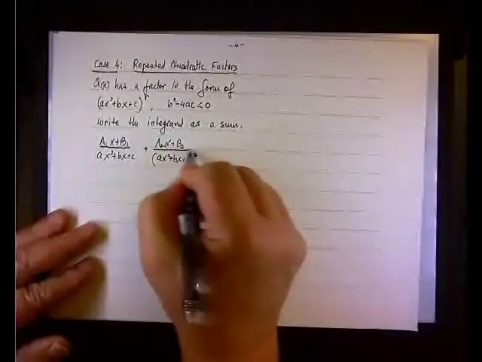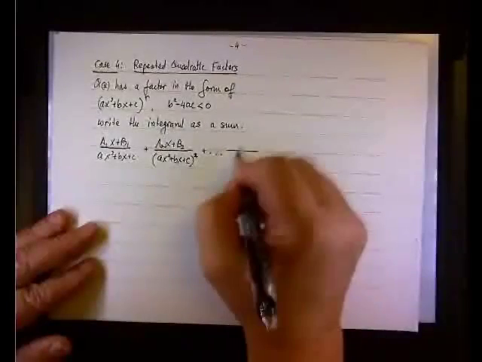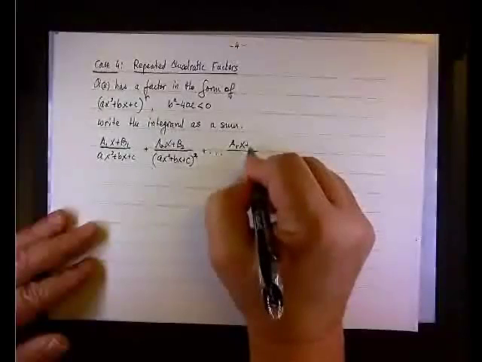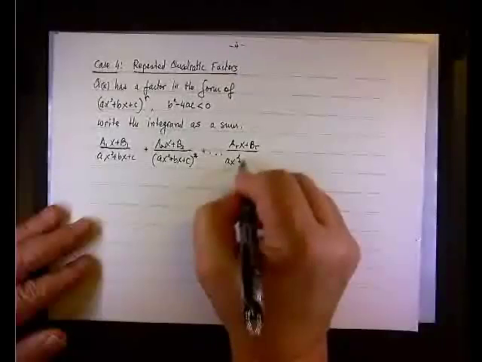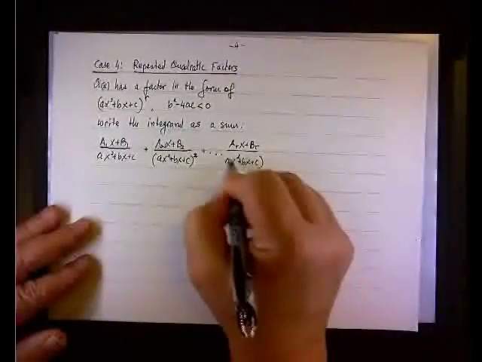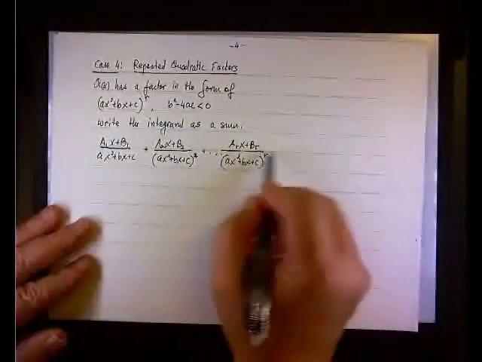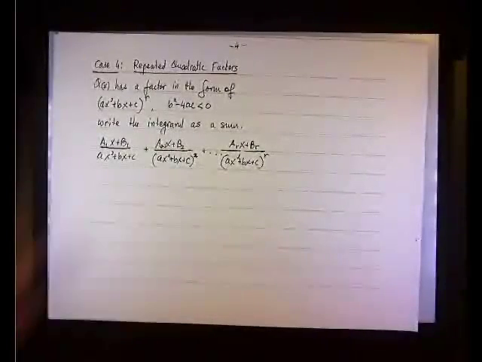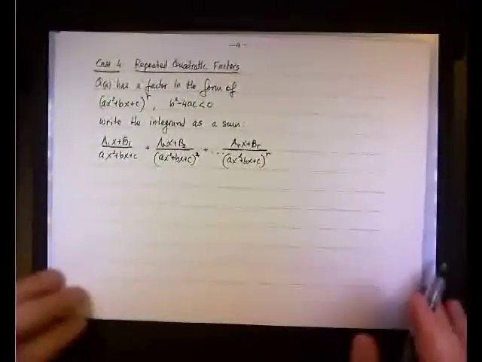And then we keep writing coefficients like this until we reach the last one, which is the r term, with the factor (ax squared plus bx plus c) raised to the rth power, r being the highest power of this particular quadratic factor. Okay? So this is the general structure.